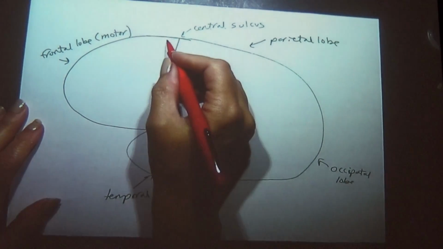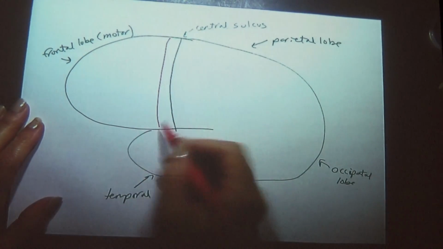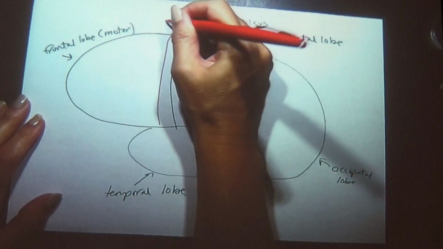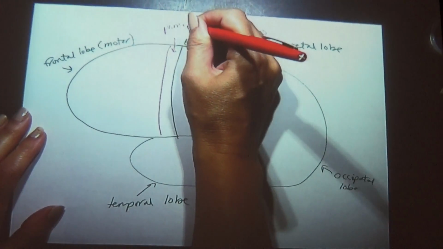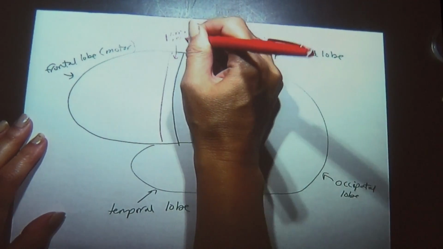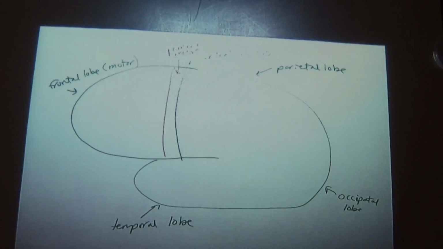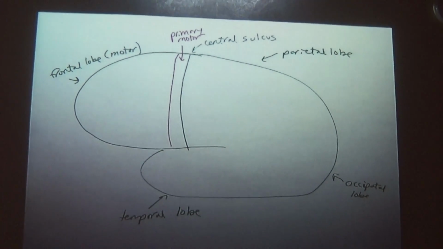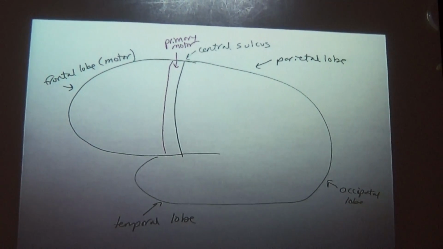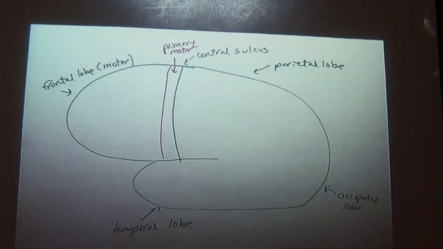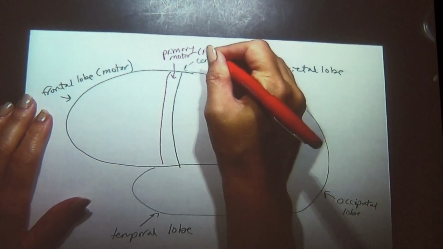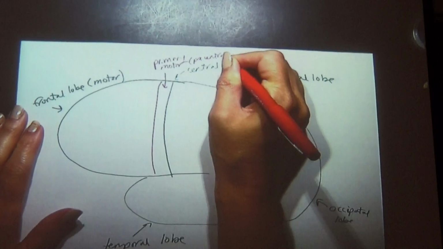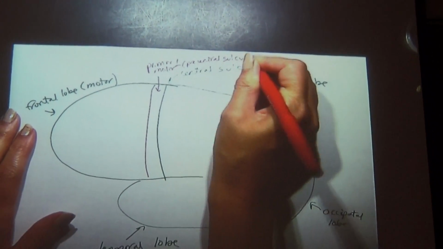So remember we saw the precentral sulcus. This is also called the primary motor cortex. So the primary motor, precentral sulcus.